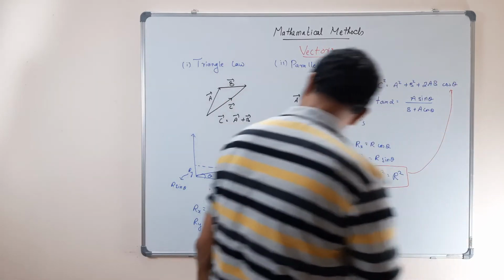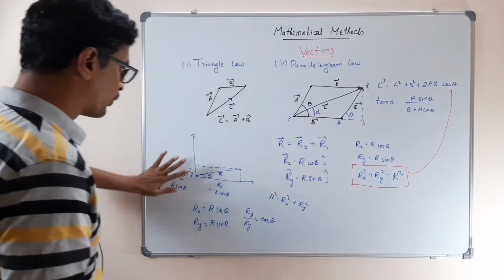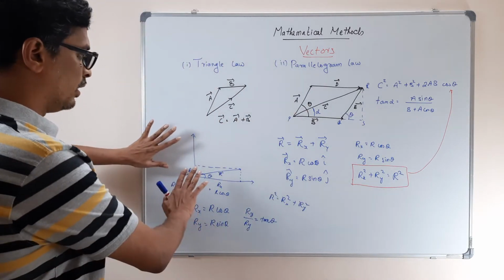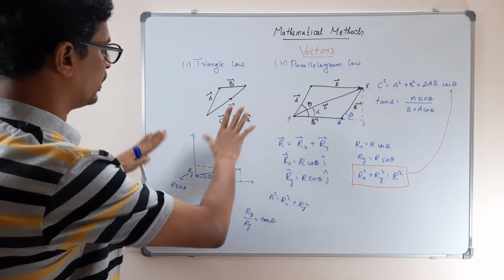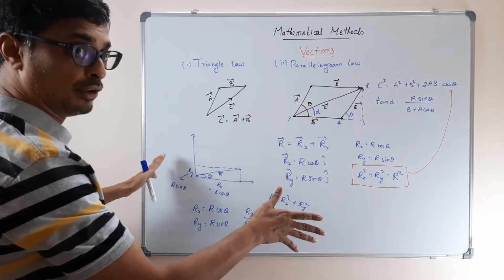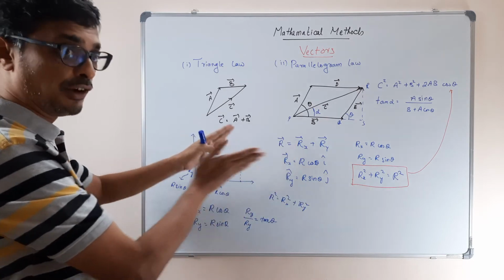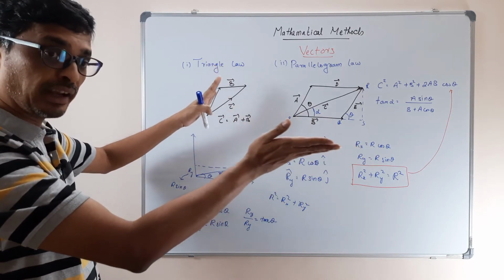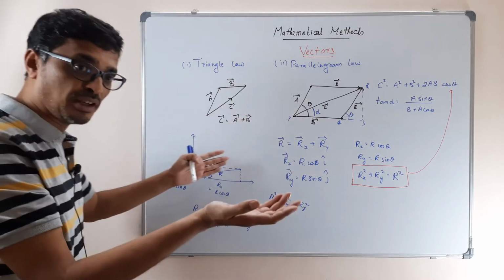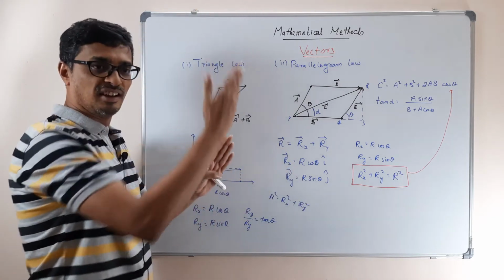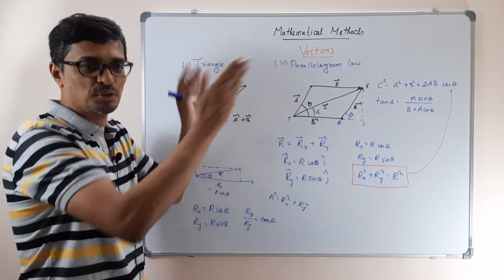Okay, this is important. This is how we resolve a vector. In physics problems, when given two vectors, you want to get the resultant vector. And sometimes problems demand that, given a vector, you resolve it into two different components.